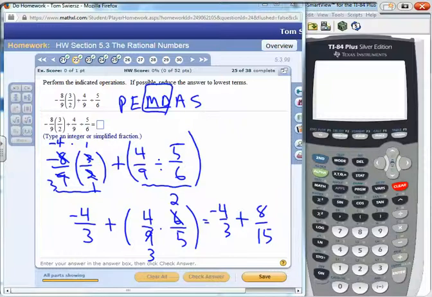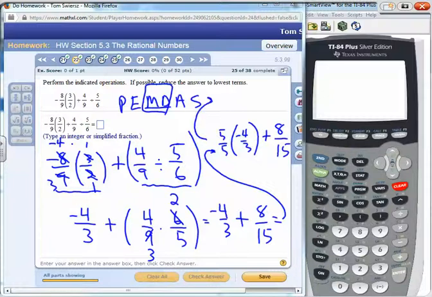So now, if we go up here to the next step, common denominator will be 15, right? So we can multiply the negative 4/3 by 5 over 5. Leave the 8 over 15 alone.